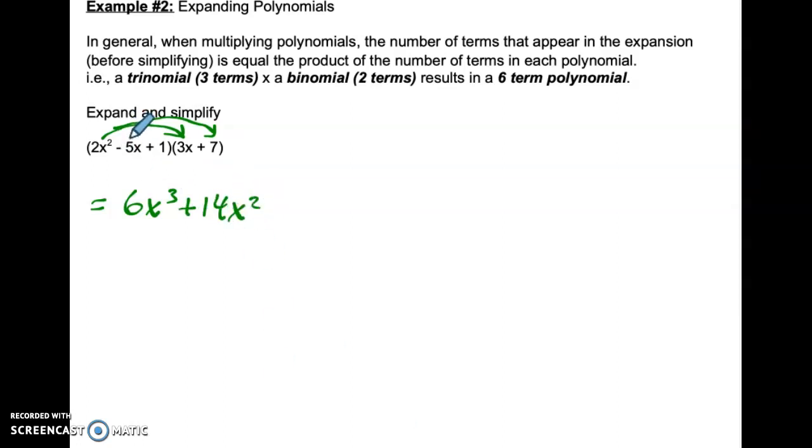Okay, and same thing with the second term. You're going to multiply it by everything in the binomial. So negative 5x times 3x is negative 15x squared. Negative 5 times 7 is negative 35x. And then multiplying that 1 by everything would get us plus 3x plus 7.